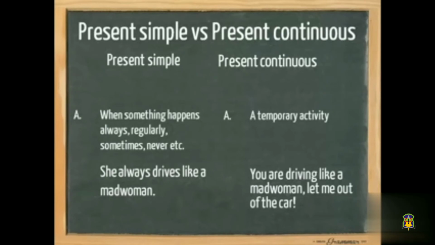In the present continuous tense, it is a temporary activity. For example, "You are driving like a mad woman, let me out of the car." So in simple present we use it for regular actions, but present continuous is a temporary activity, it will not last long.